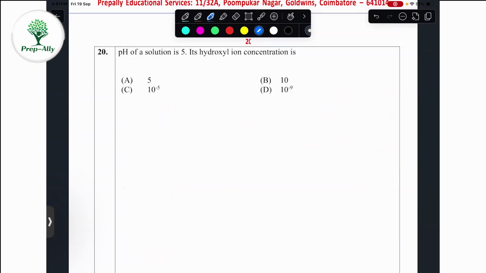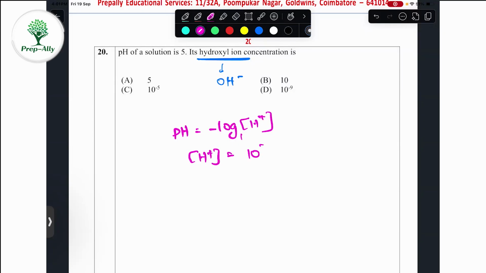The pH of a solution is 5. The hydroxyl ion, what is hydroxyl ion? Hydroxyl or hydroxide ion, OH minus. I know pH is equal to minus log of H plus ion, or the H plus ion is equal to 10 power minus pH. It is base 10, right?